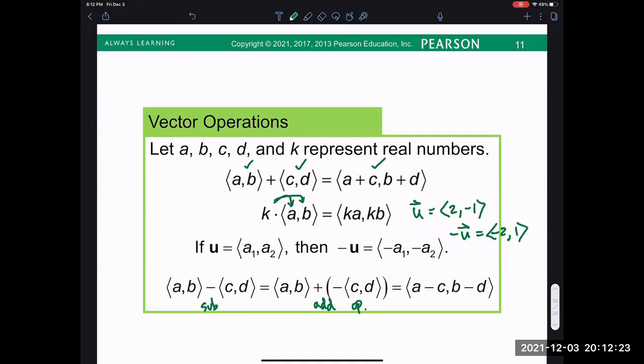And what that will end up translating to is adding the opposite numbers of C and D. And that's the same as going back to subtraction. So if you have AB minus CD, you just do A minus C and B minus D. You just subtract the component values, subtract the X values and subtract the Y values. So subtraction of vectors will just mean subtract the X's and the Y's. It's ending up to be very simple.